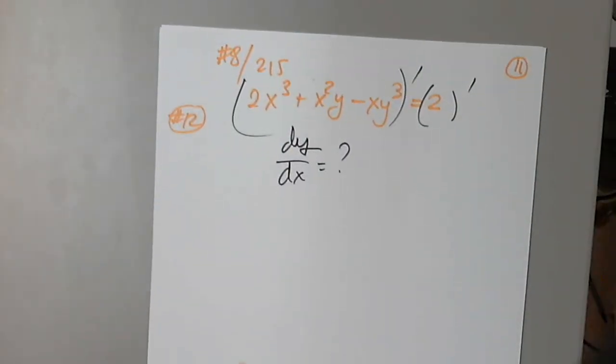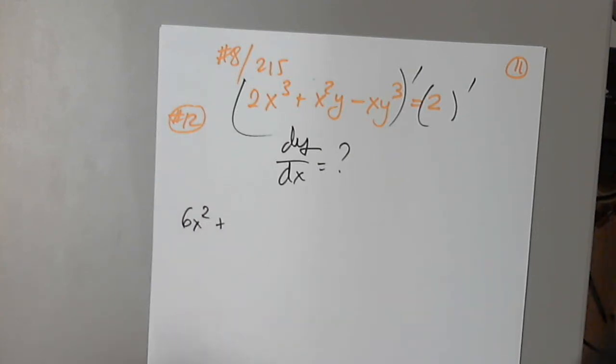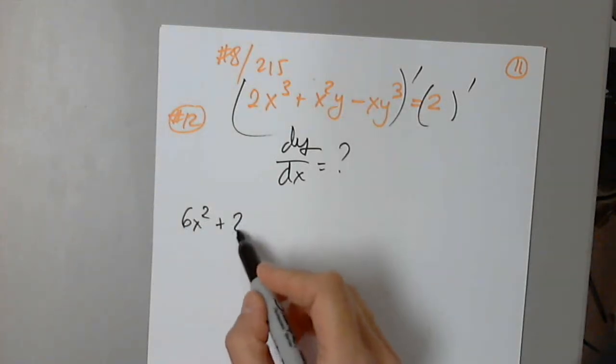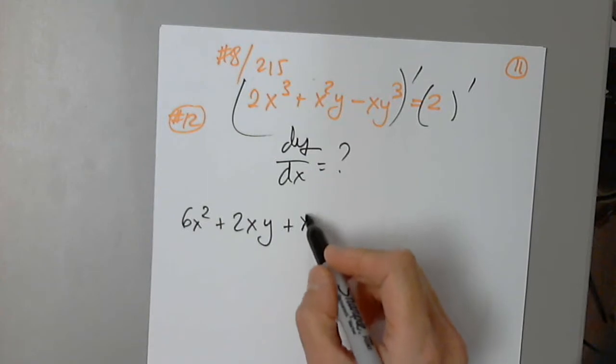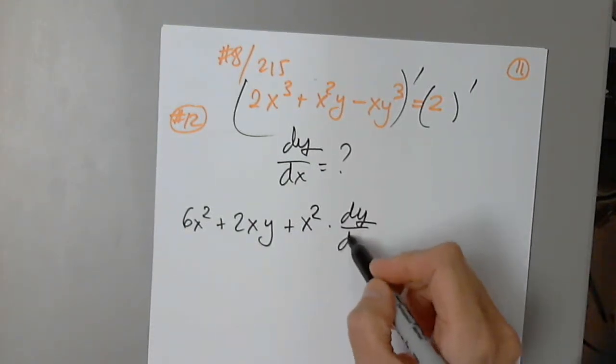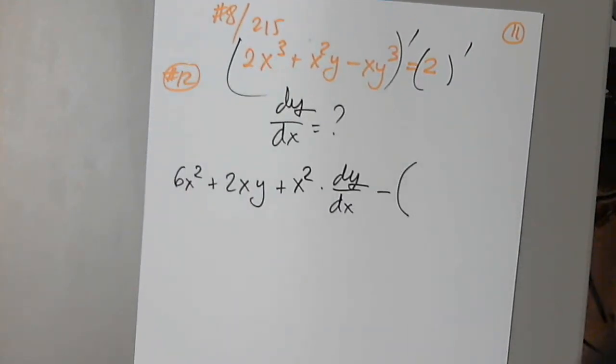Ready? Can anyone dictate the left-hand side? 6x squared plus the first function prime, 2xy, very good, plus x squared times dy over dx minus. Be very careful now. I'd rather you have parentheses in order not to forget to distribute the negative sign. Or if you keep in mind that you have to distribute the negative sign, that's fine too.